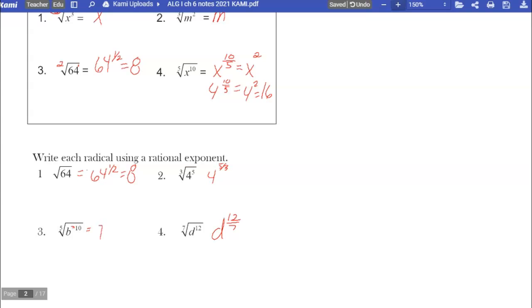So if we do that, we'd still have our 5th root of 1 over b to the 10th, because it's one of our old rules. Alright, and then I would just switch that around here, and I'd put parentheses around it, because this entire thing is underneath our 5th root sign, and then this would become the 1/5 power.